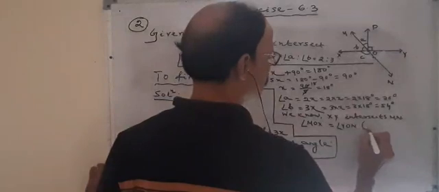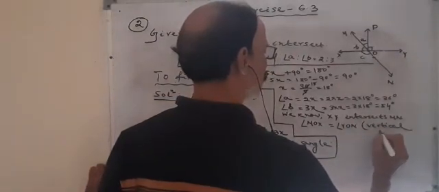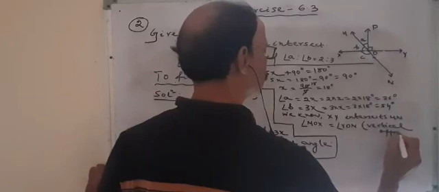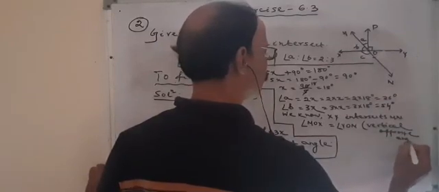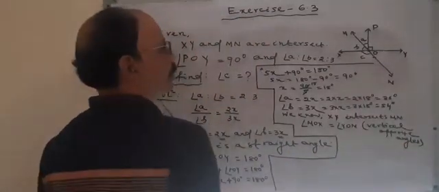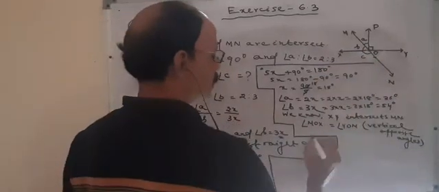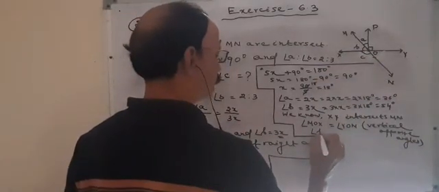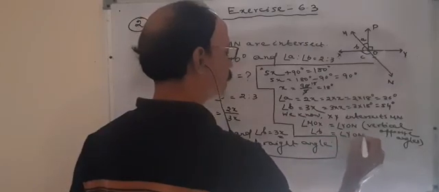Here we may write vertical opposite angles. So angle MOX, that is B. Angle B is equal to angle YON.